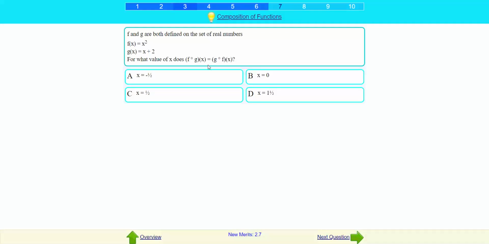Now half plus 2 is 1 over 2 plus 4 over 2, which would equal 5 over 2, squared, 25 over 4. Interesting. That doesn't work.